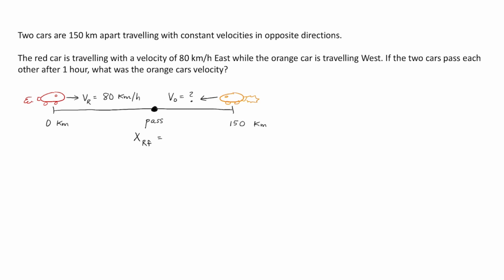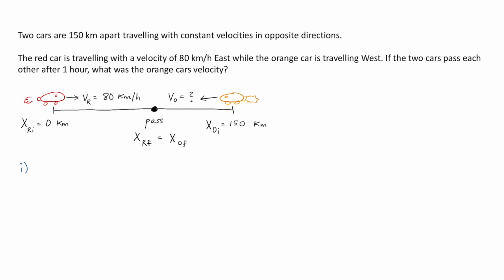So we can say that the final position of the red car will be equal to the final position of the orange car. The next important thing is that you recognize that the initial position of the red car is 0 kilometers and the initial position of the orange car is 150 kilometers. I know this because the two cars have to be 150 kilometers apart.